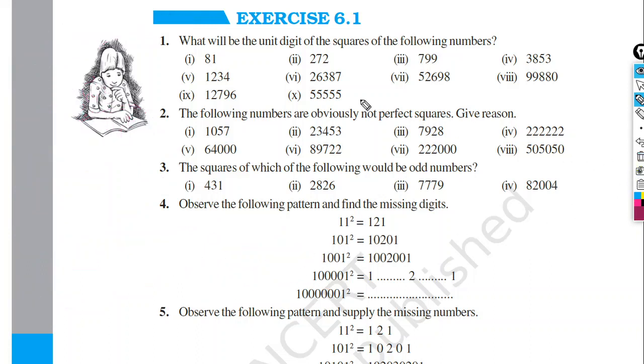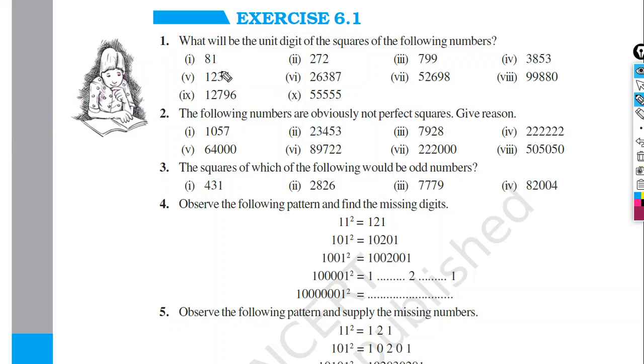Now we will move to exercise 6.1, question number 1. What will be the unit digit of the square of the following numbers? So 81, what you have to find? 81 square, and in 81 square what will be the unit place? We don't need the full number, we just need the unit place.